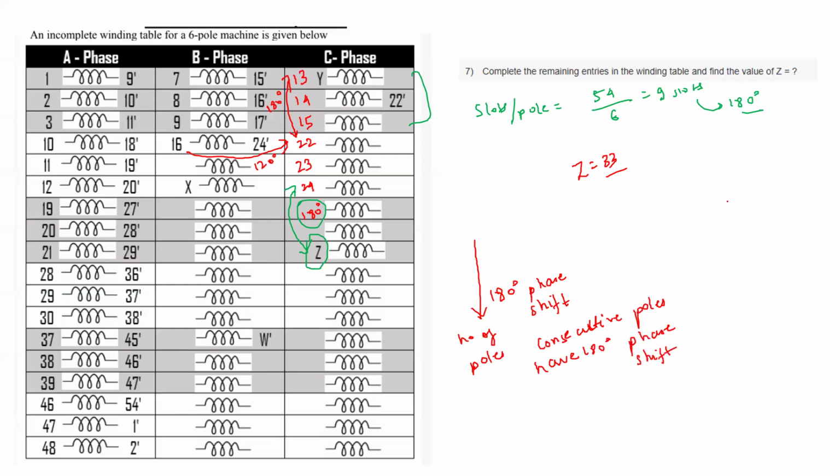And on this axis it is a 120-degree phase shift, because this indicates the number of phases, and we know that consecutive phases have a 120-degree phase shift.